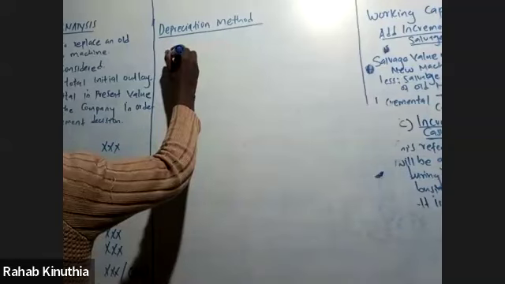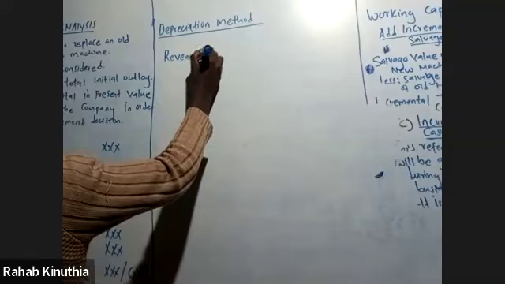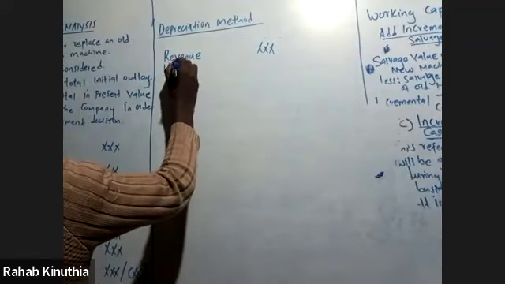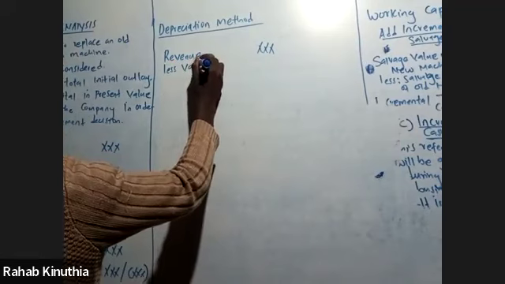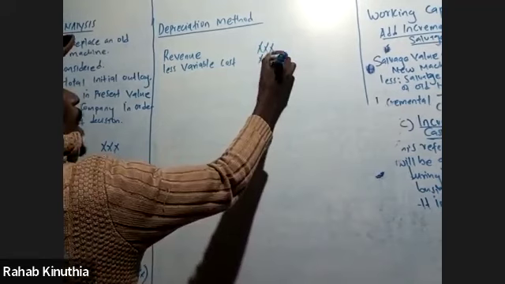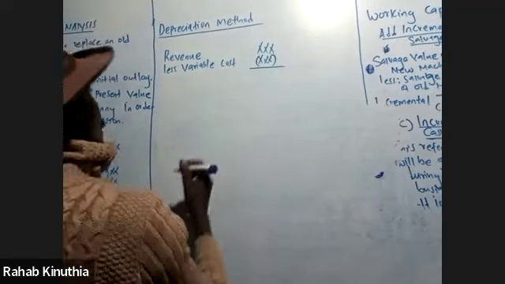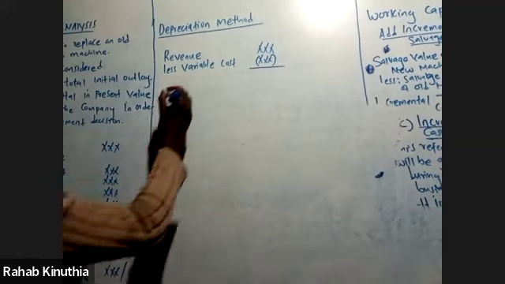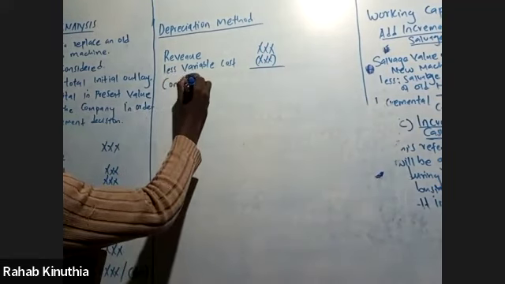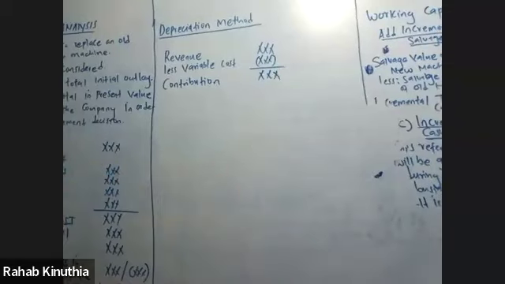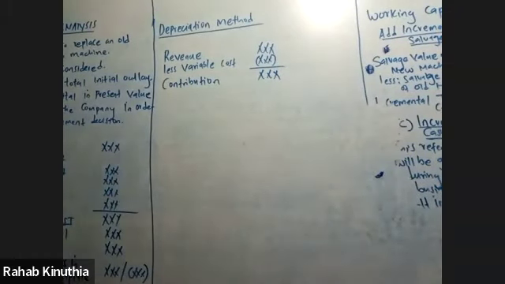Revenue less variable cost, we get contribution. Once we get contribution, we less fixed cost.